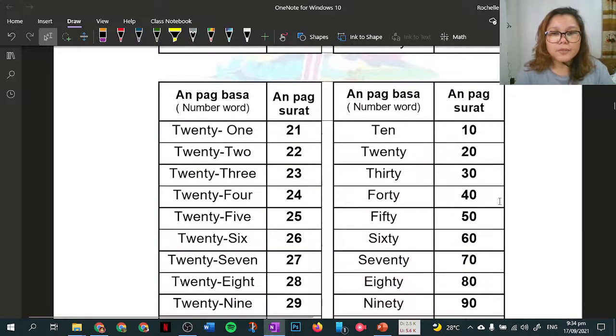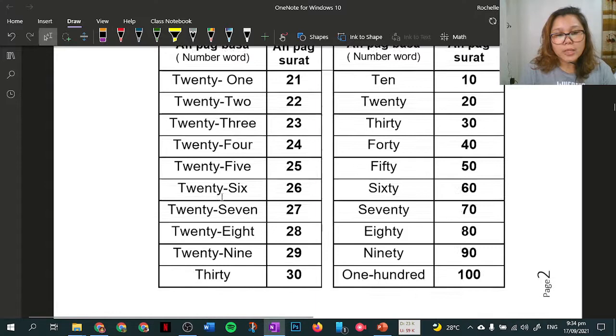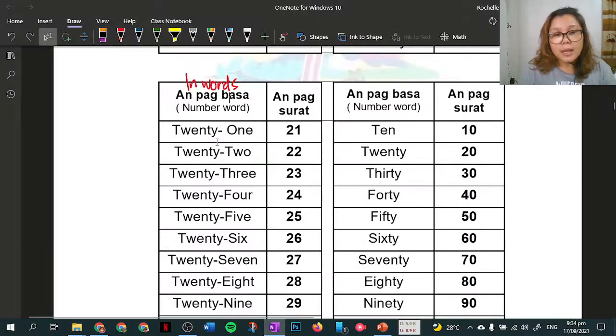And then, after 20, so these are number in words again. So, this is written still in words, starting from 21 until 29, and then up to 30. So, sa after 20, it's easier kasi you need to just learn the patterns. So, 21, 22, 23, 24.